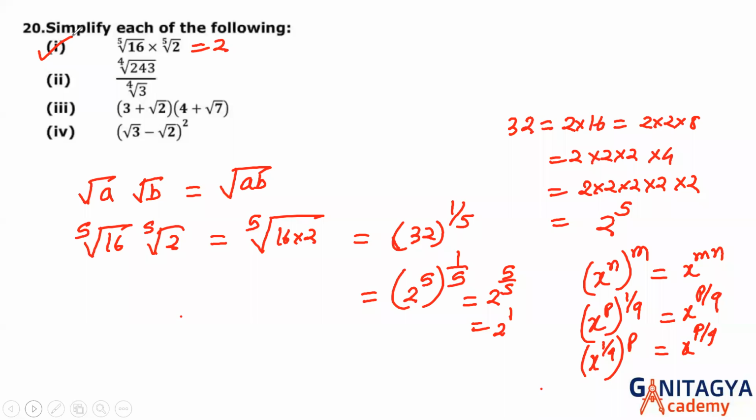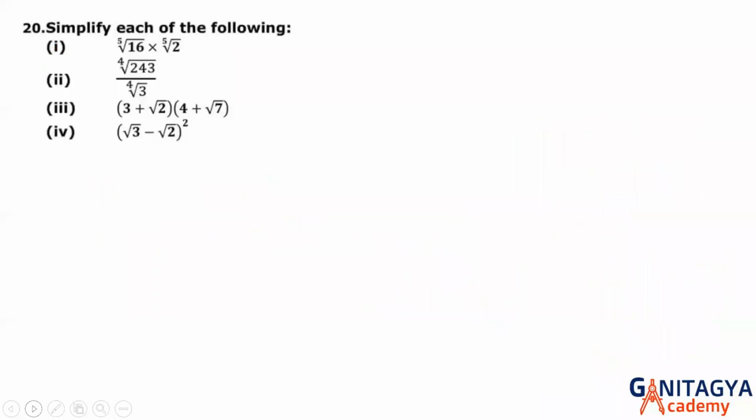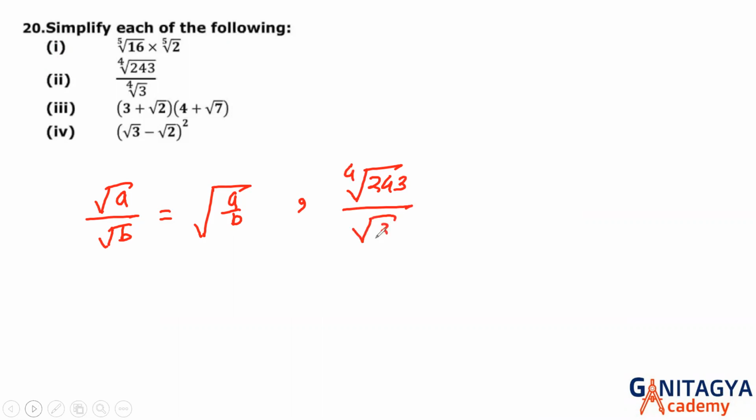So the next one. The next property you can use is √a / √b, which is √(a/b). Is it easy? So now we have 243^(1/4) divided by 3^(1/4).